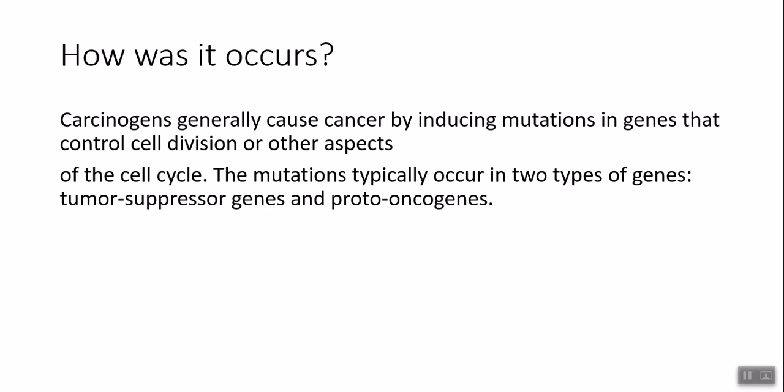You all know that in cell division, both meiosis and mitosis, there is very controlled cell division. This is because of certain genes that are specifically responsible for controlling abnormal cell division.